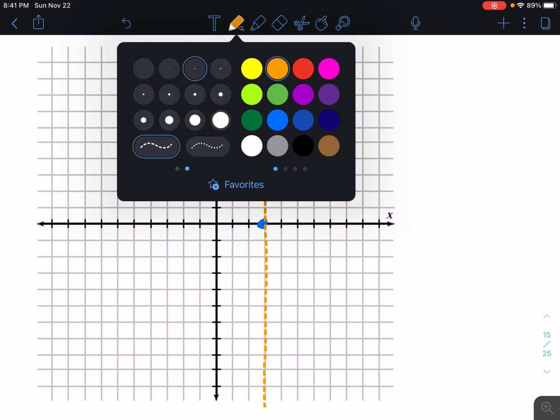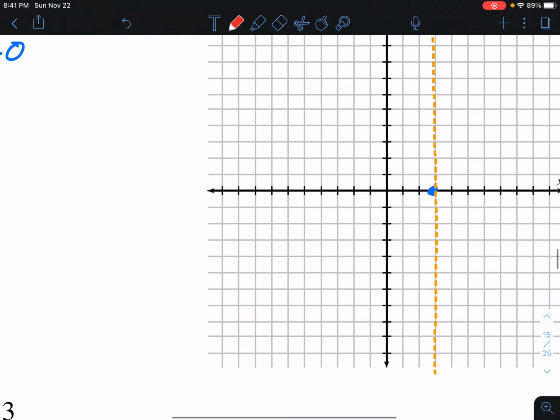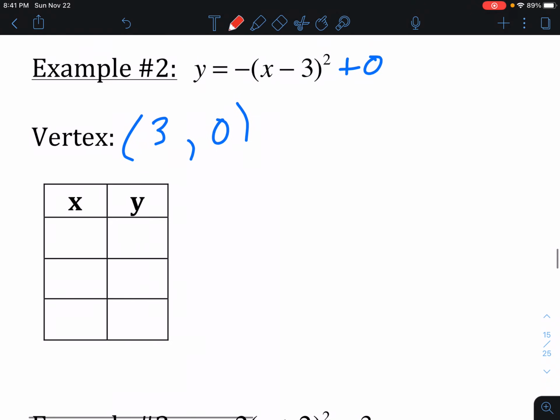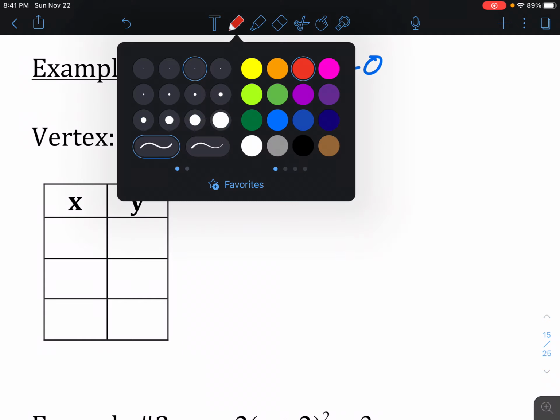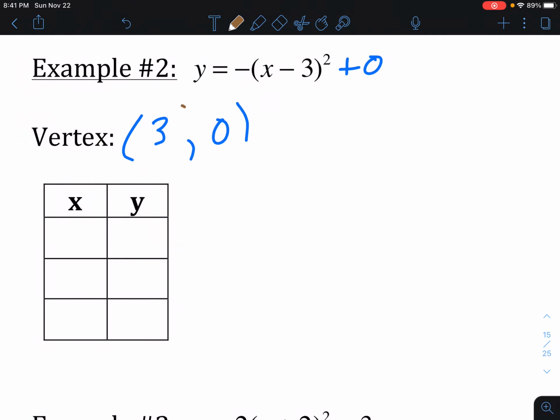Now let's go back to our table of values. You need to carefully choose the x's. After 3 is 4, 5, 6. Or you could choose 2, 0, 1.